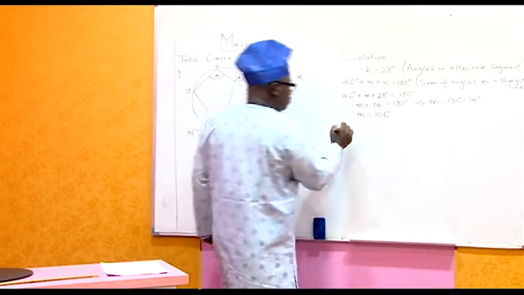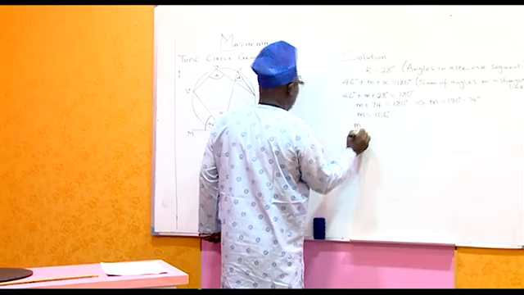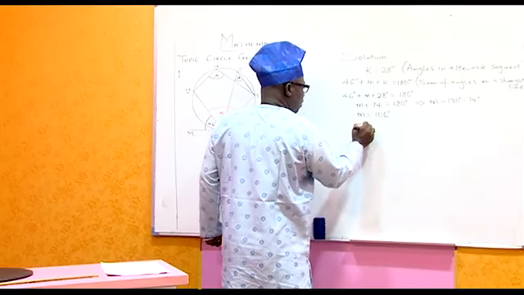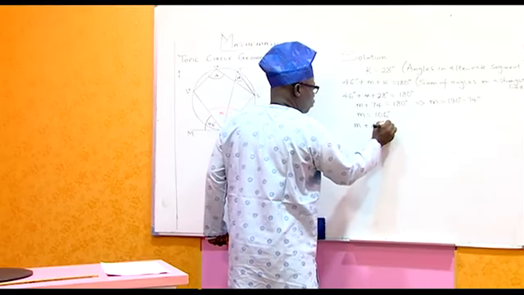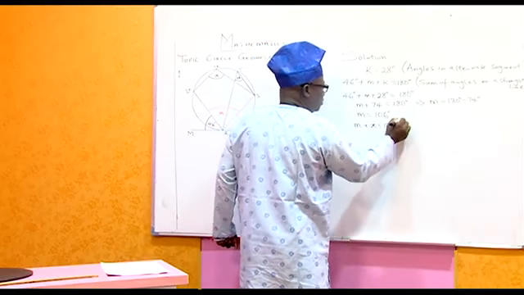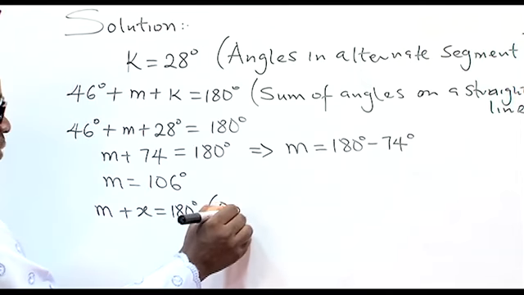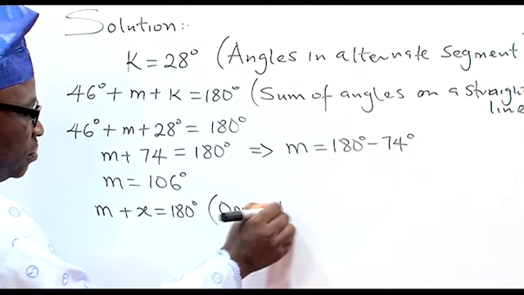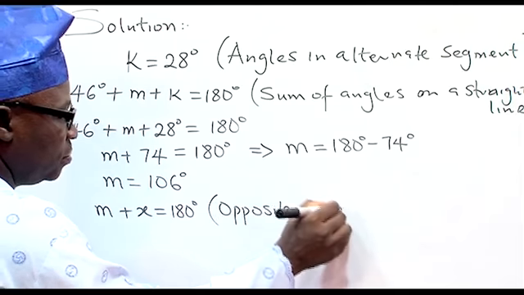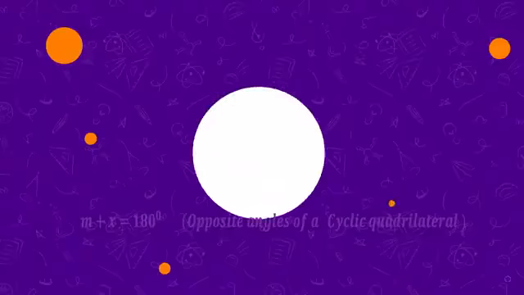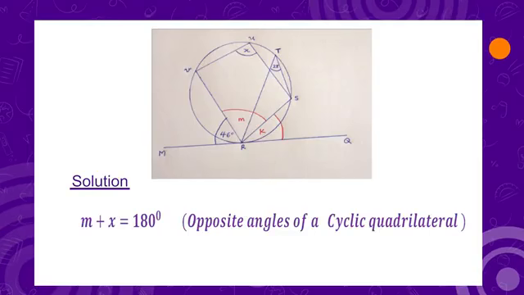So we approach it from there. M plus X is going to be 180 degrees. Reason for that: opposite angles of a cyclic quadrilateral.